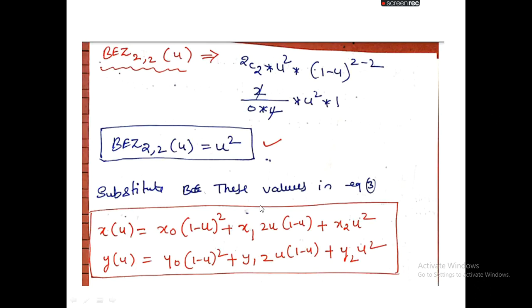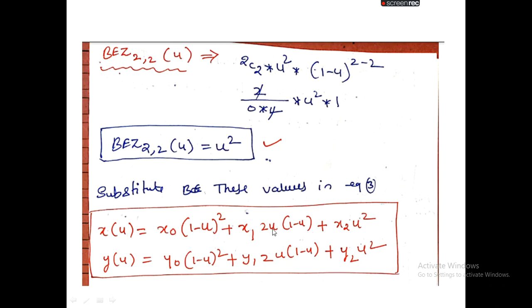After substituting these values in equation number 3, I will get a new equation, that is x of u and y of u, like this. Blending function 0 comma 2 is nothing but 1 minus u square. This is 2u, the blending function 1 comma 2.